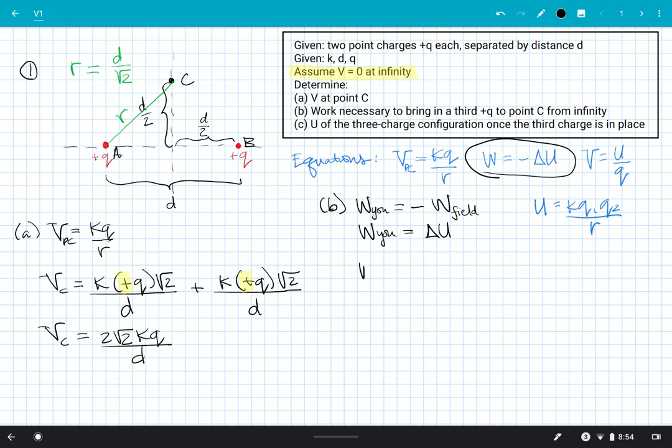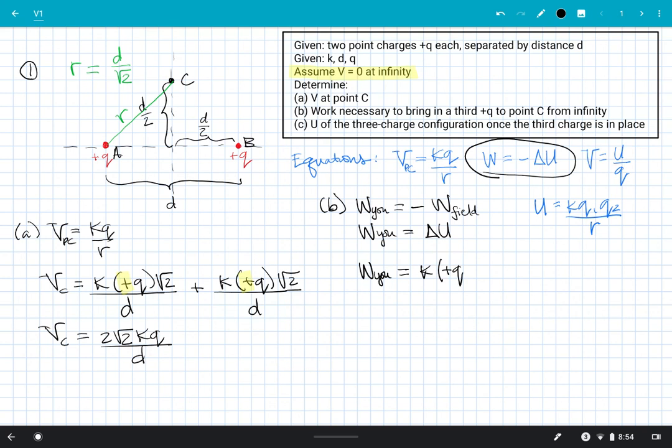So then the work that you are doing is just going to be a sum of the two different pairs. So that'll be K times, let's call all the charges have positive Q, right?